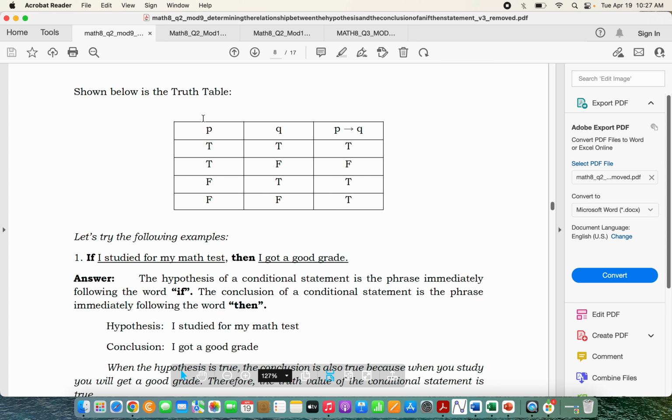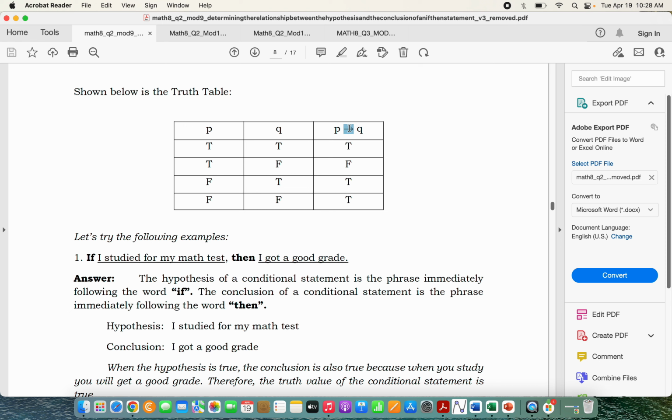So as you can see here, the first column is the hypothesis statement or the if clause. And then the second column is the conclusion part. And the third column is the truth value na tinatawag.